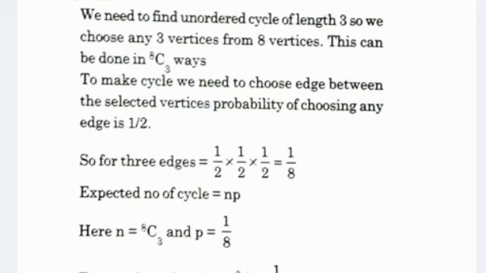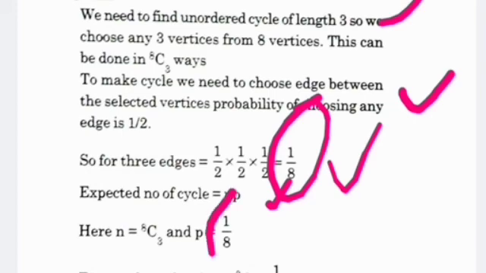We need to find unordered cycles of length 3. So we choose any 3 vertices from 8 vertices. This can be done in 8 choose 3 ways. To make a cycle, we need to choose edges between the selected vertices. The probability of choosing any edge is 1 by 2, so for 3 edges it is 1 by 8, and the expected number of cycles is equal to N times p, where N is 8 choose 3 and p is 1 by 8.